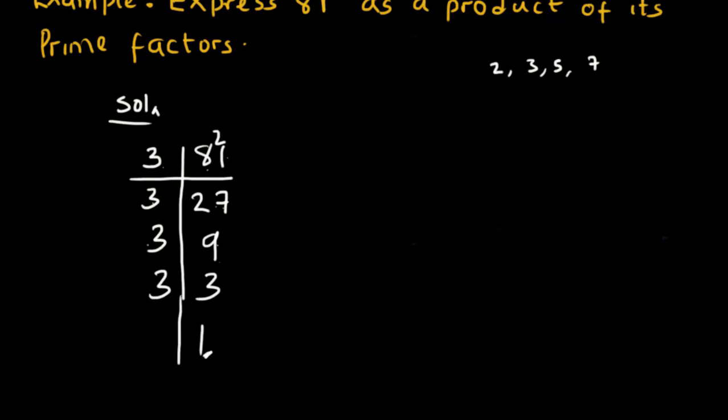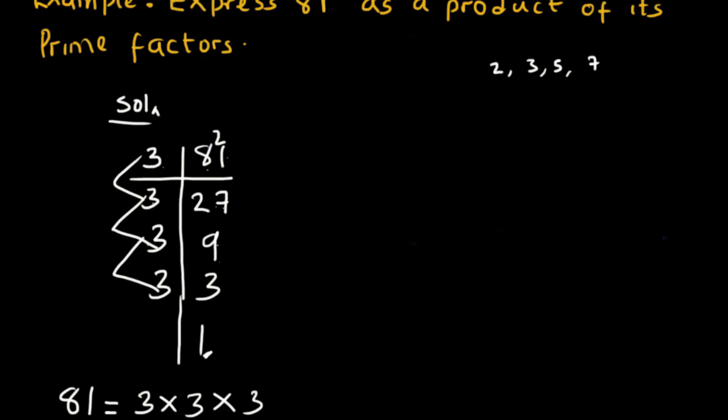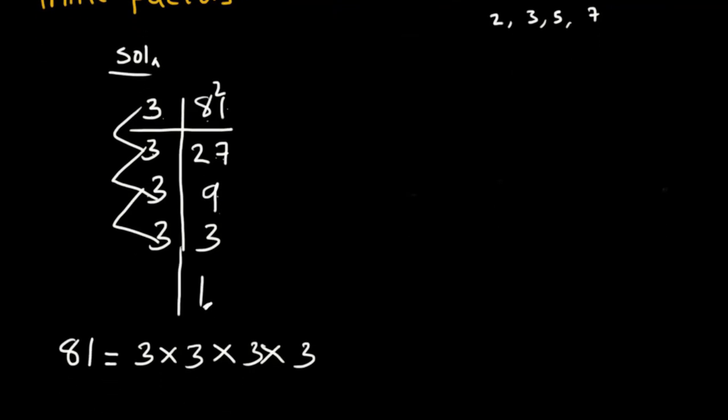So it means 81 equals 3 times 3 times 3 times 3. Can you see? Which means that 81 equals, how many 3's do we have? We have 1, 2, 3, 4. So 3 raised to power 4. And this is our answer. Do you understand?